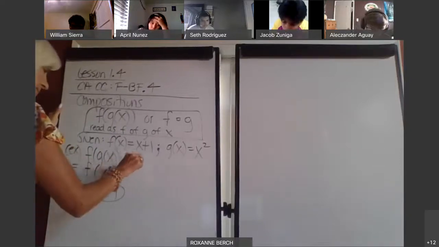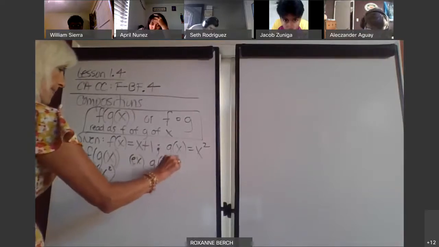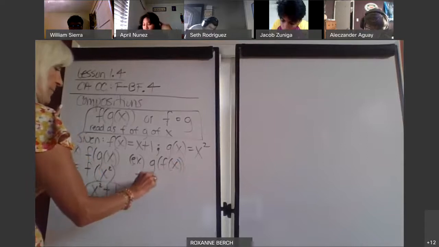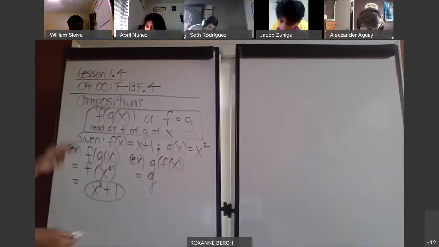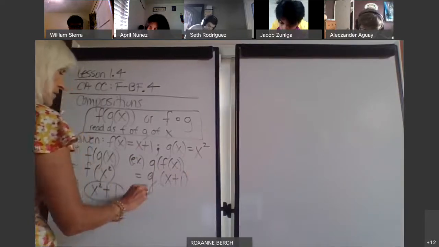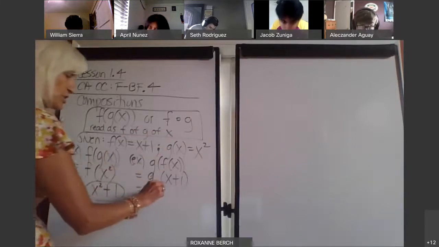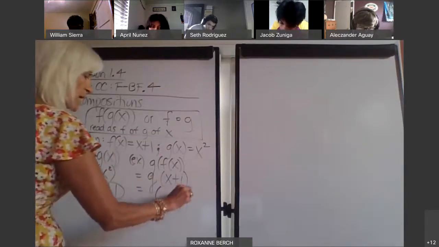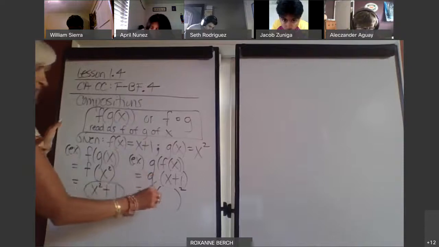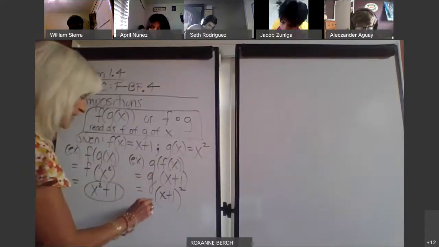Let's do another one. g of f of x. So this time you drop down the g and you put the f function in, which is x plus 1. That thing becomes the x of the g function. Well, the g function is something squared, and the something would be x plus 1. And now you have to multiply this out.